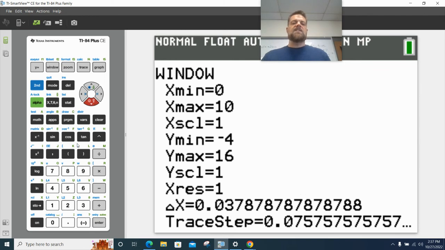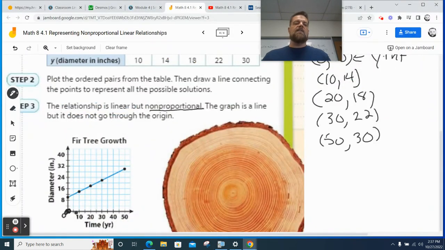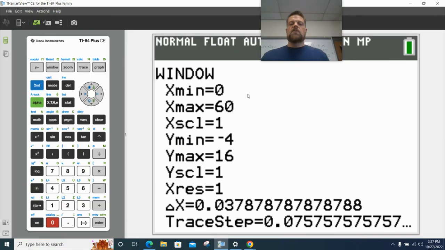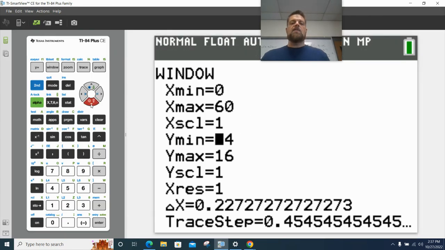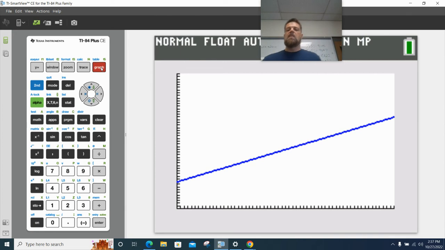My highest x value was 60. Let's do the same thing for the y values. Y values go from 0 to 50, roughly. So my y minimum is 0. My y maximum should be what? 50. Now when I hit graph, my graph looks a lot like the graph that we have.